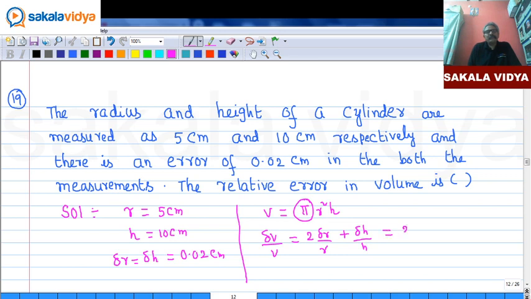This equals 2 into 0.02 by 5 plus 0.02 by 10.